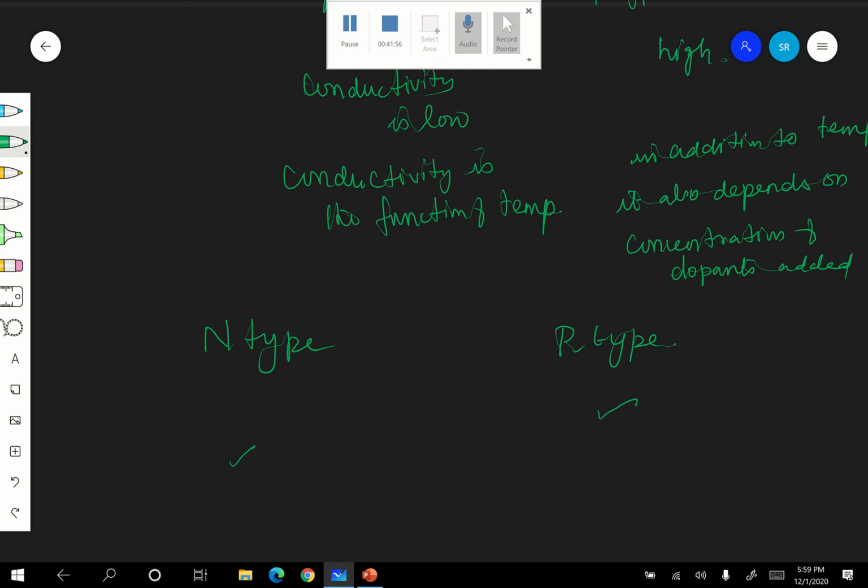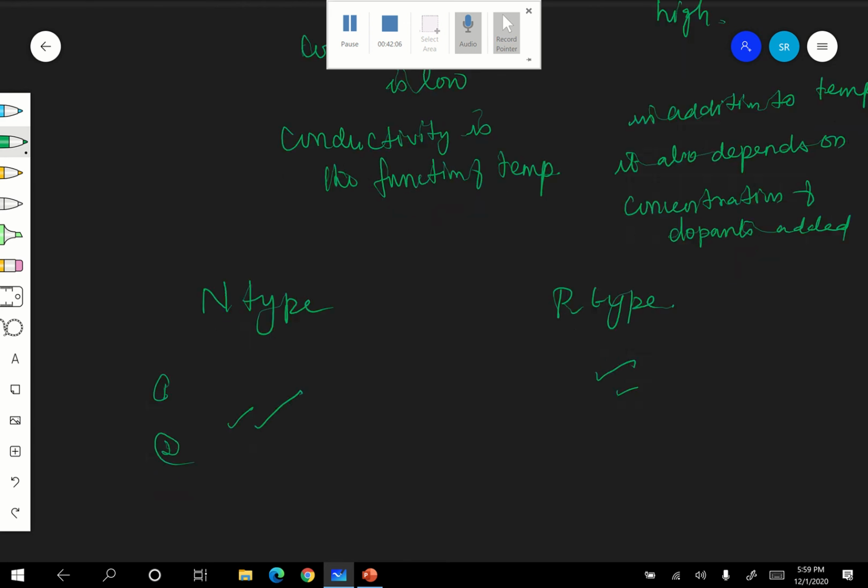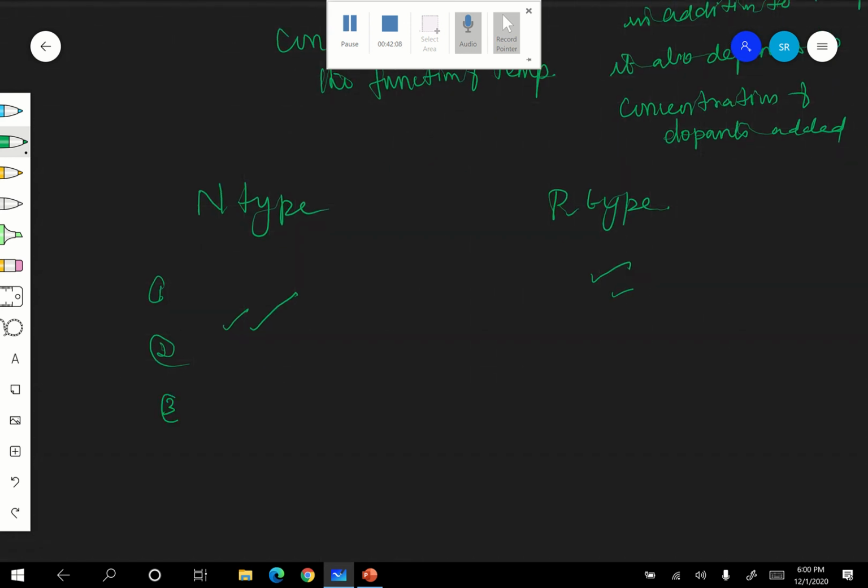Here every impurity added gives one extra hole in the valence band. That is the second one. Therefore, third one, Ne is very much larger than NH, and here NH is very much larger than Ne. Majority carriers here are electrons. Majority carriers in p-type are positively charged holes.